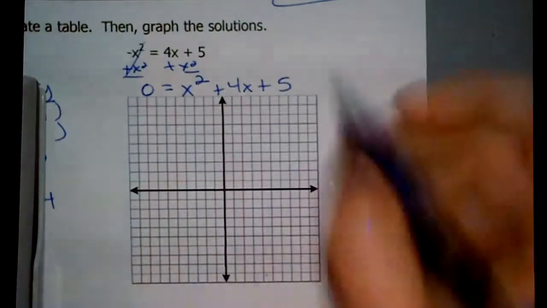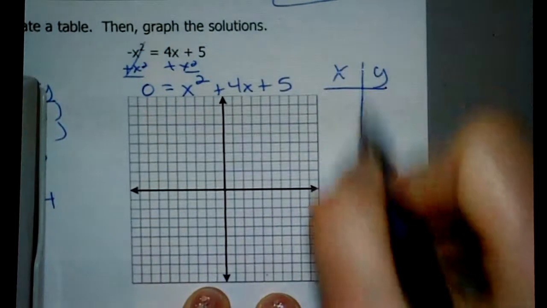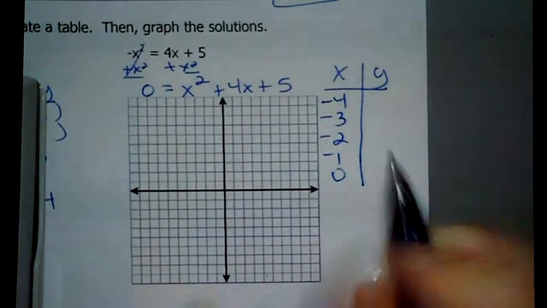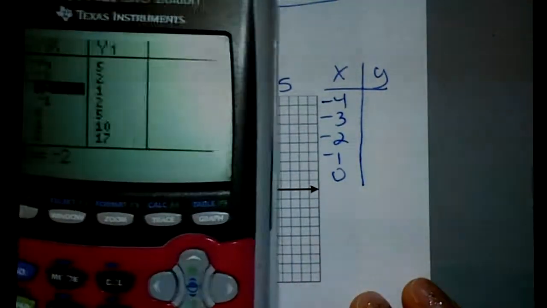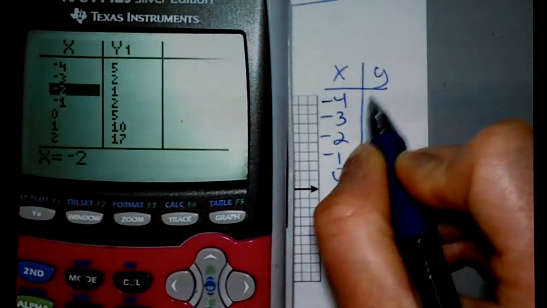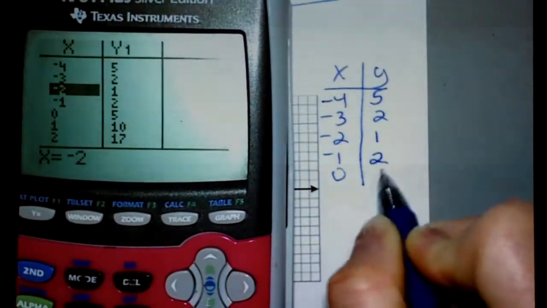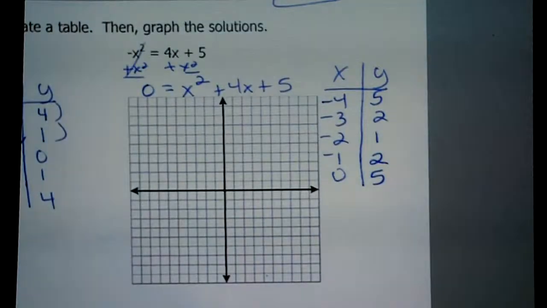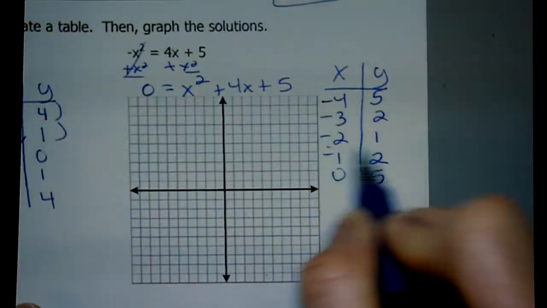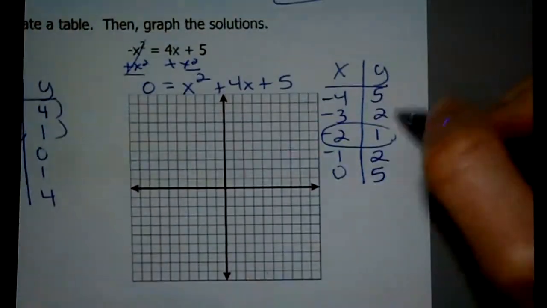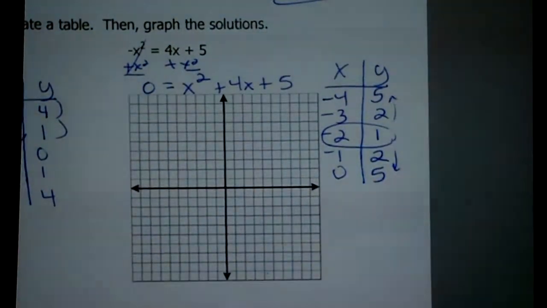So over here, let's draw our little rough table. I said go from -4 to 0, and then just list the corresponding y values for that. So when x is -4, y is 5, and then you have 2, 1, 2, 5. So we can see there's our vertex right here, and then we have those same inside out y values.